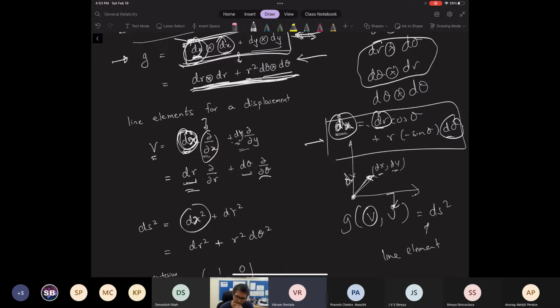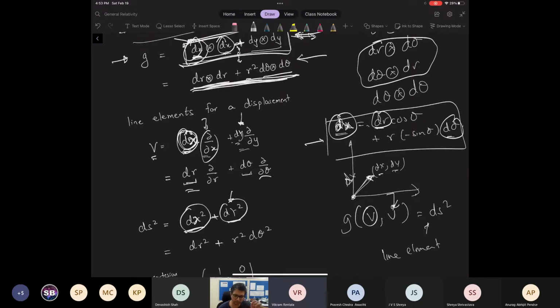So I get a dx square. And now I get a plus dy tensor dy, and again, similarly, acting on this vector twice, I would get dy square. And it would be plus dy square from this plus. So the line element would just be the standard line element that you would expect.